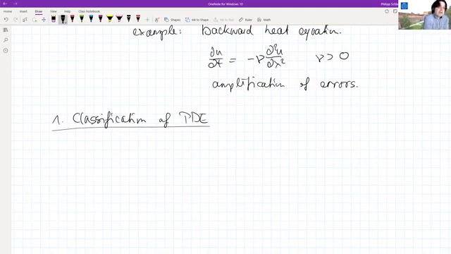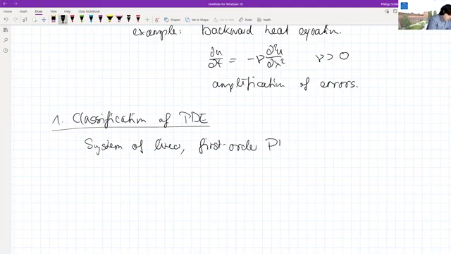Okay, so let's consider, in a very abstract way, a system of linear first order partial differential equations in 2 variables, x and y, with let's say n unknowns.